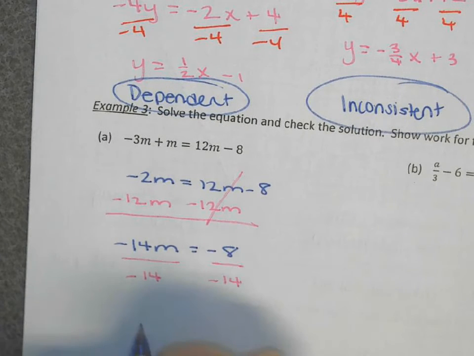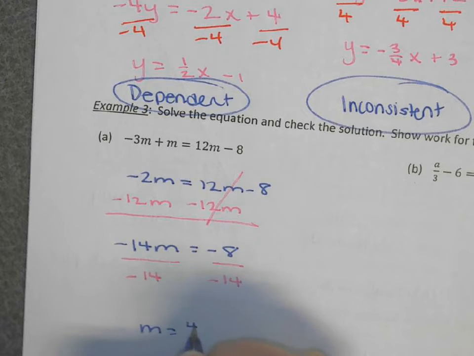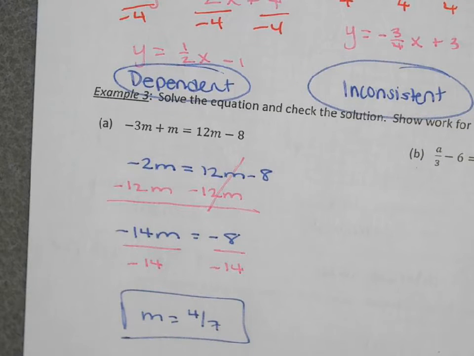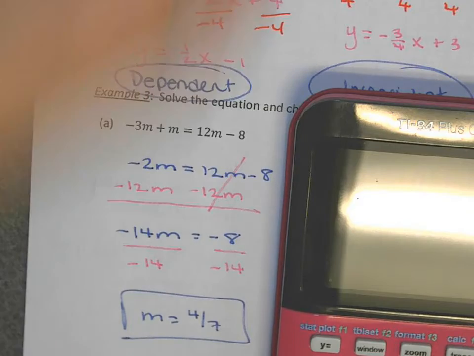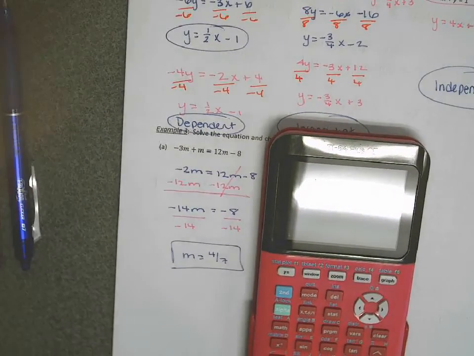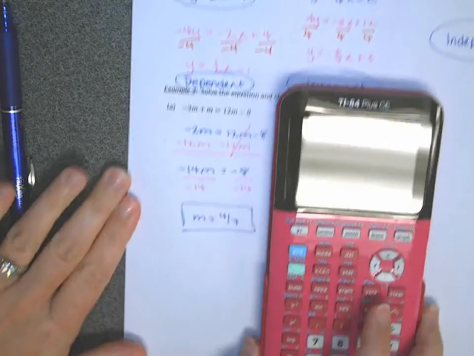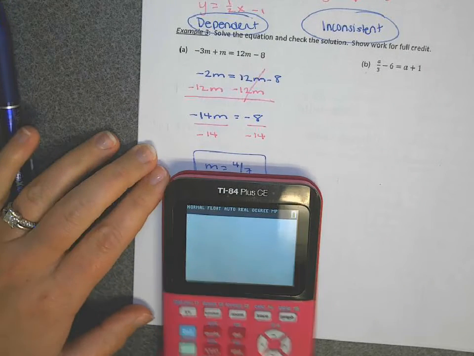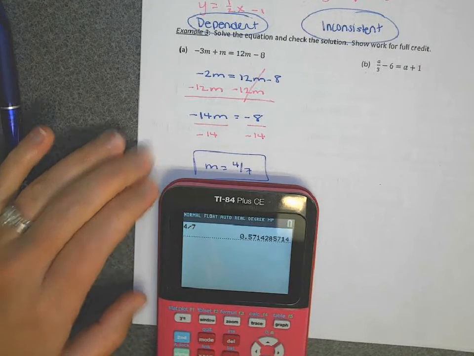We're going to get m is equal to, negative divided by negative is a positive, 8 over 14 reduces, both divide by 2, so 4 over 7. So m is 4/7. Okay. If you plug that back in, okay, so 4 over 7 is that value.